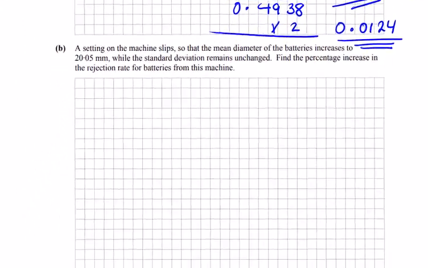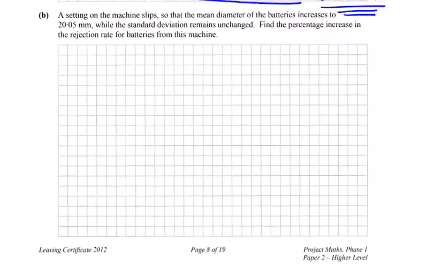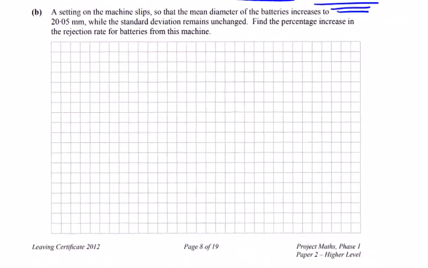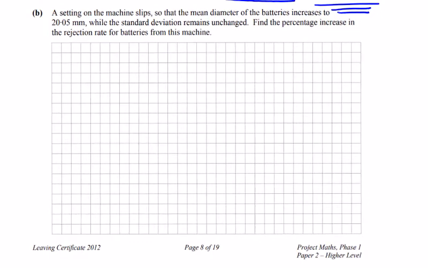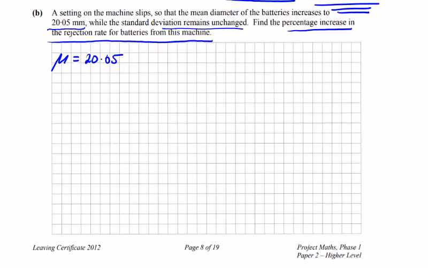Now what happens next? A setting on the machine slips, so that the mean diameter of the battery increases. The mean increases to 20.05 while the standard deviation remains unchanged. Find the percentage increase in the rejection rate for batteries for this machine.